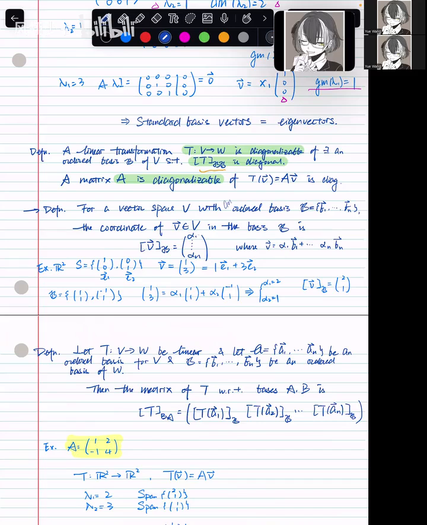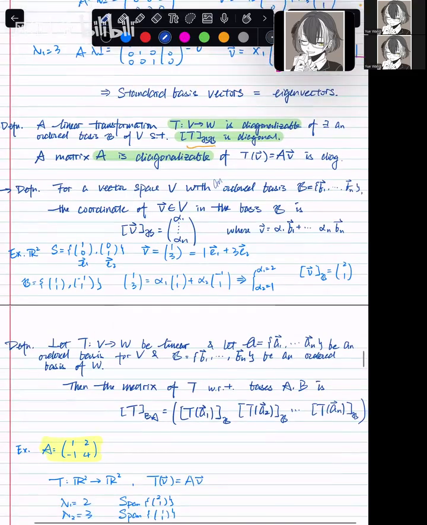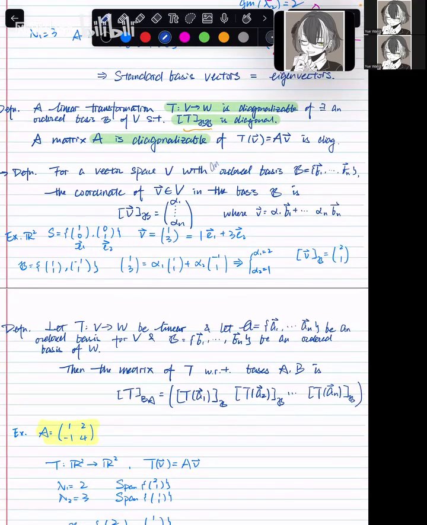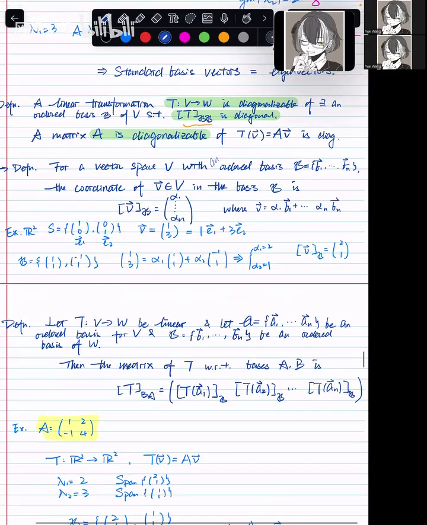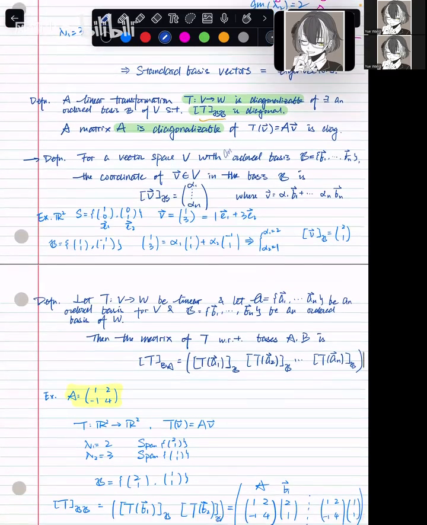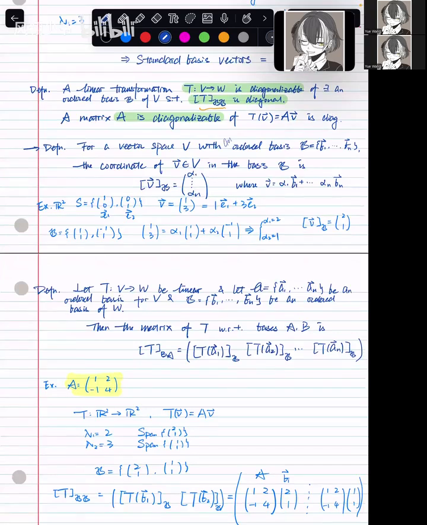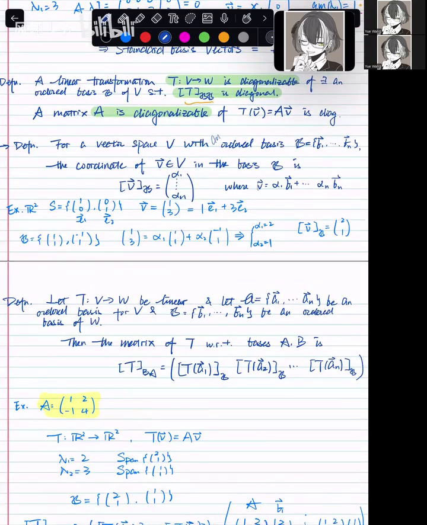All the coefficients form a vector, and that's called the coordinate of V. We introduced it at the beginning of the class, when we introduced the linear combination. So we say V is a linear combination of the basis. We all know that. And if they are ordered, alpha 1 through alpha n are the coordinate of V on basis B.